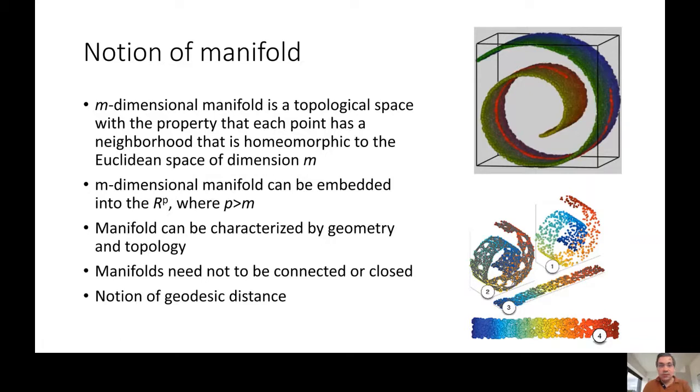For example, a manifold topologically equivalent to a sphere, or to a torus, or some other topologies. The manifold, strictly speaking, doesn't have to be connected or closed like here. The manifold might be infinite, or might consist of several parts.